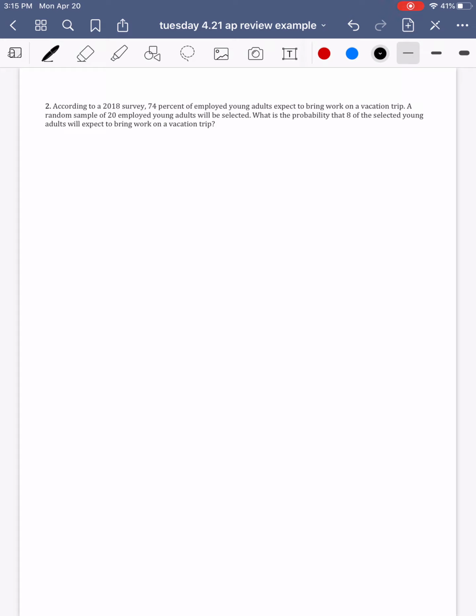First, I noticed that they're asking me about probability. So that's a good indication that I need to figure out what type of random variable I'm looking at. They say 74% of employees, so I'm going to write this down: P equals 0.74. And then they took a random sample of 20, so N equals 20.